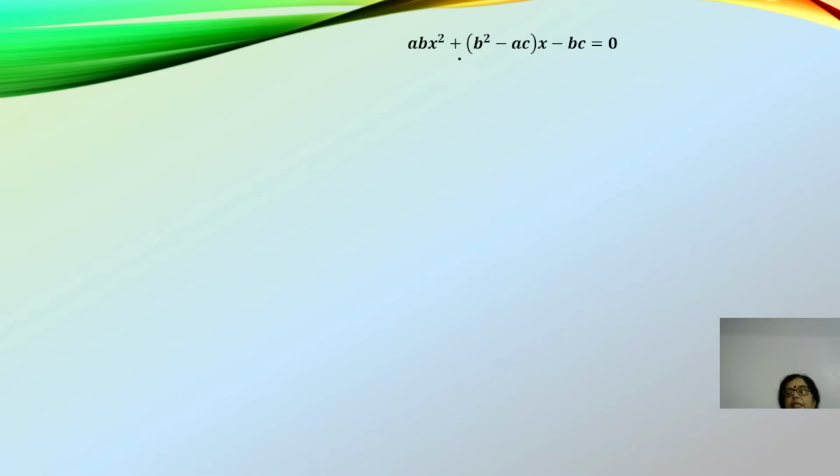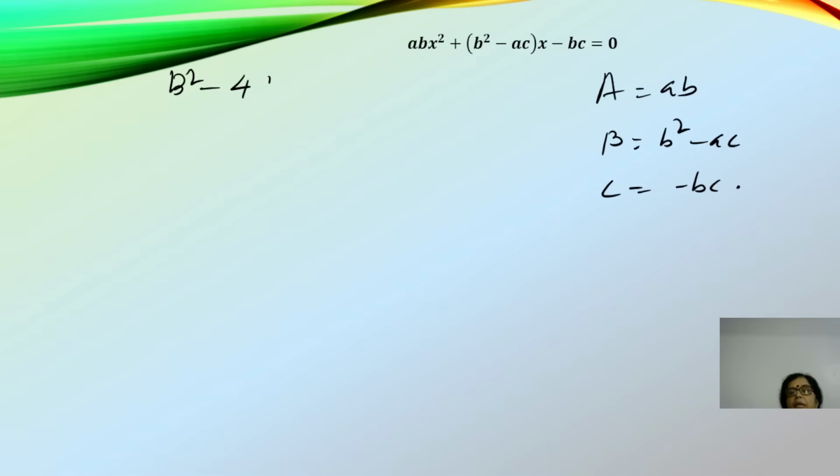Here again we find that a is ab, b is equal to b squared minus ac, and c is equal to minus bc. So in this case again, if we find b squared minus 4ac, we'll get (b squared minus ac) the whole square minus 4 into ab into c, that is minus bc.